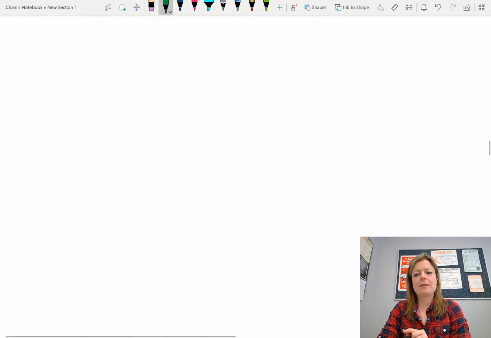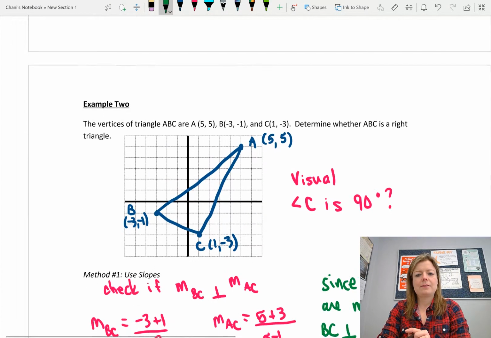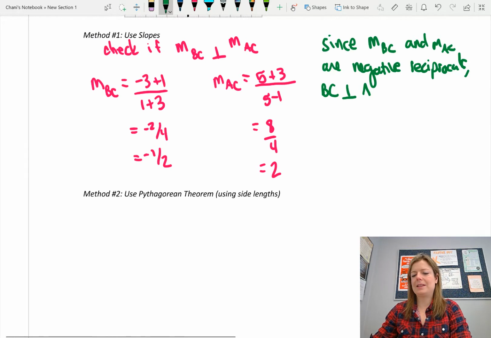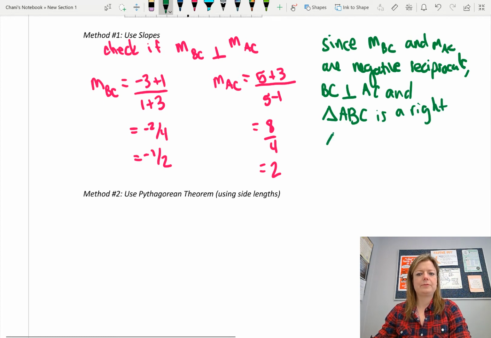And then therefore ABC is a right triangle. That's where you should be. Oh, guys, this is fun. BC is perpendicular to AC, and triangle ABC is a right triangle.